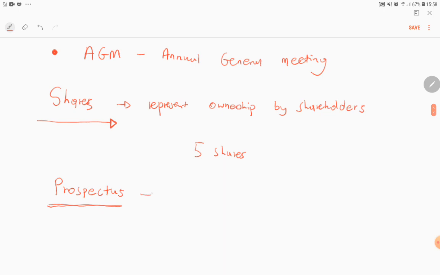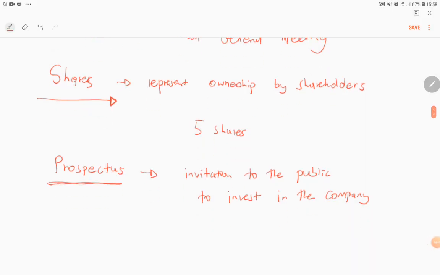This prospectus is an invitation to the public to invest in the company. That's the purpose of the prospectus. It's an invitation to the public to invest in the company.